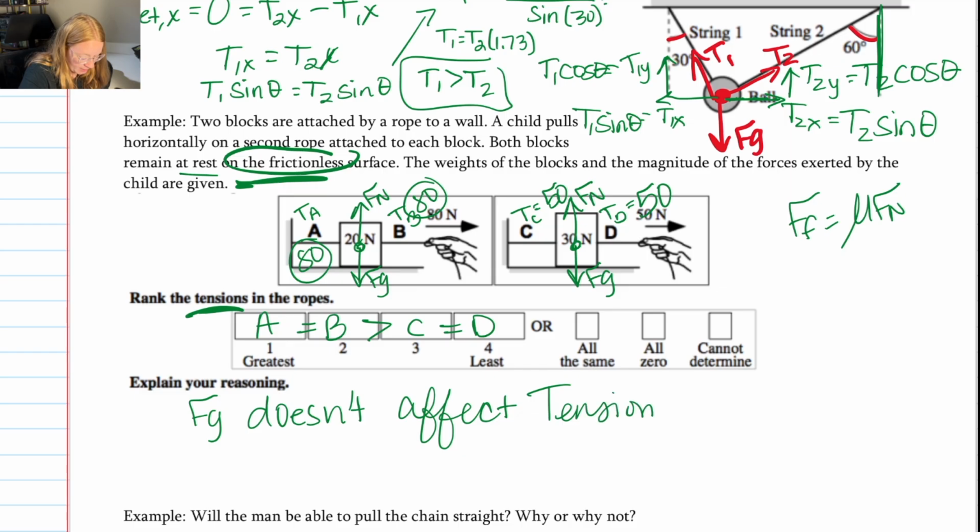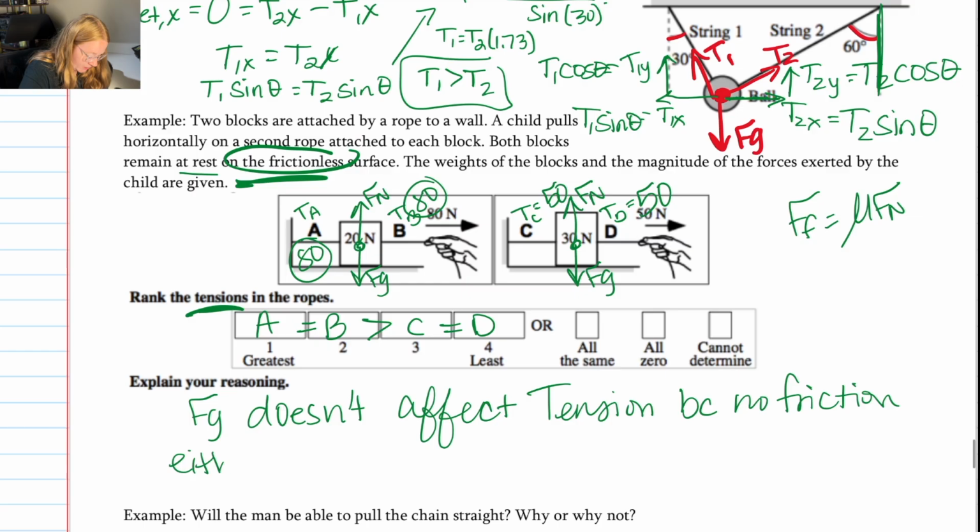And it's also because there's no friction. If there was friction, that would change the answer. And then we also know that there should be an F net equal to 0. So A should be equal to B and C should be equal to D because of that.